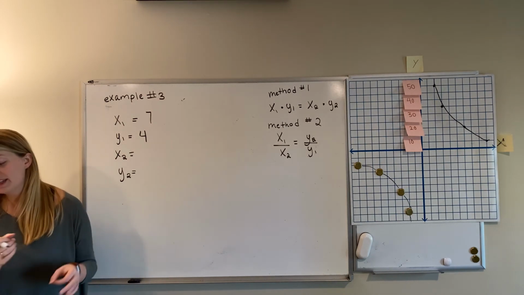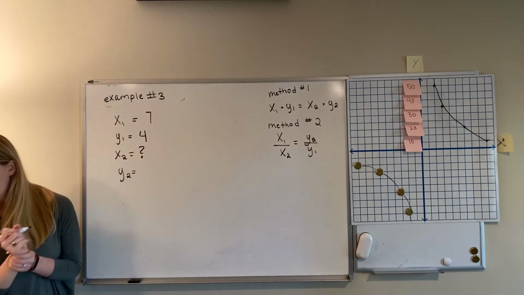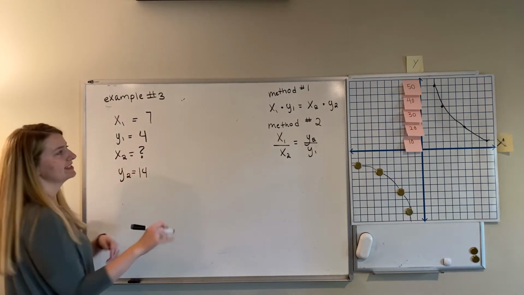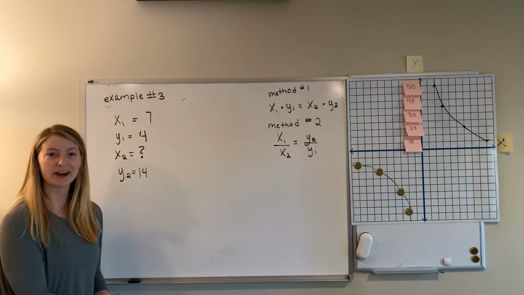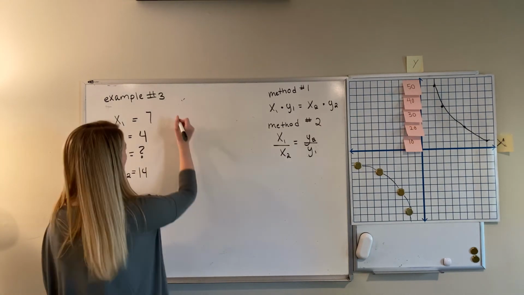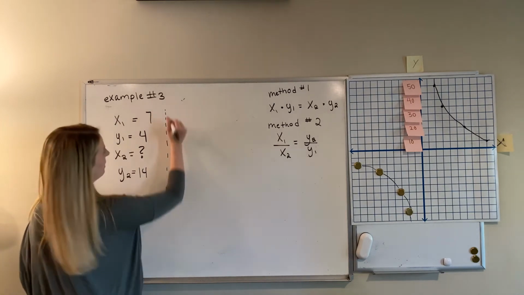Then they say find x, find our second x value when y equals 14. So just like I said, they've given us 3 out of our 4 numbers and we have to solve for our 4th. So if we're using method 1, what will that look like?